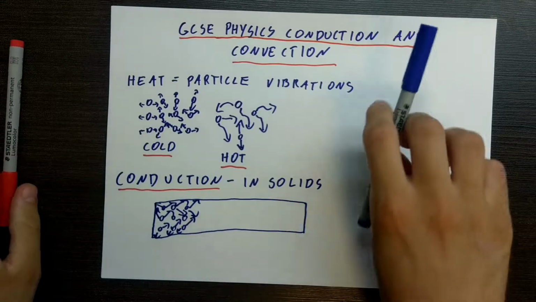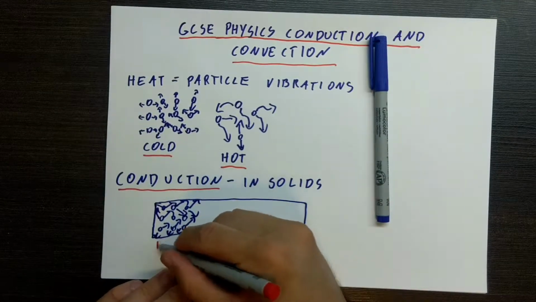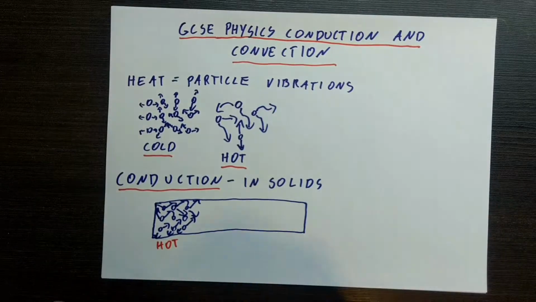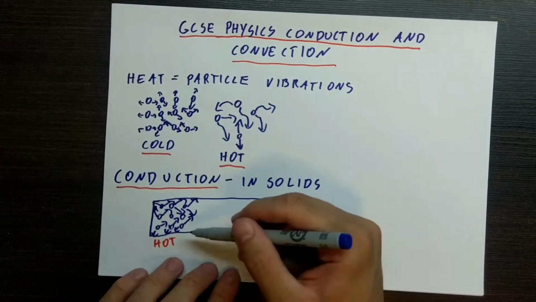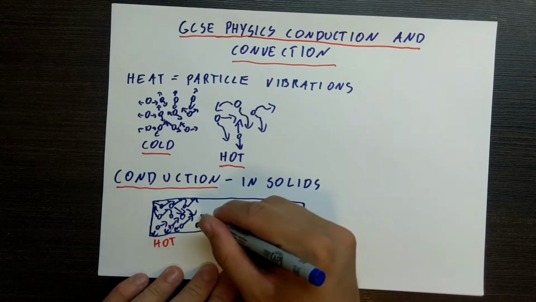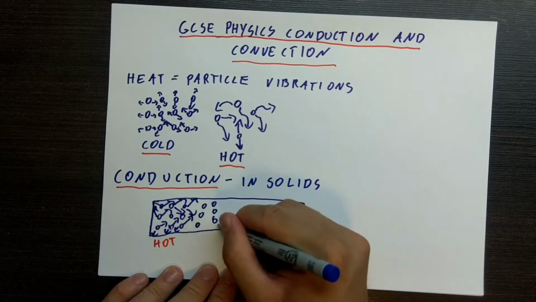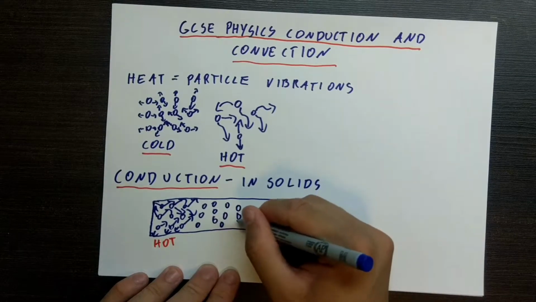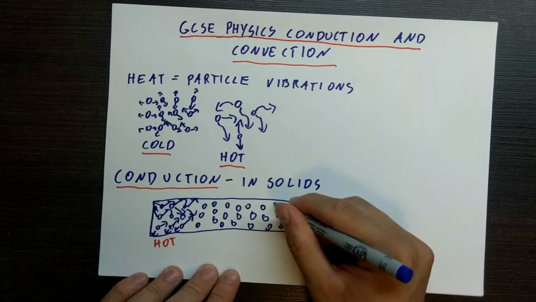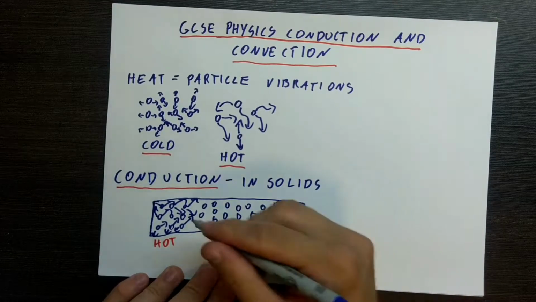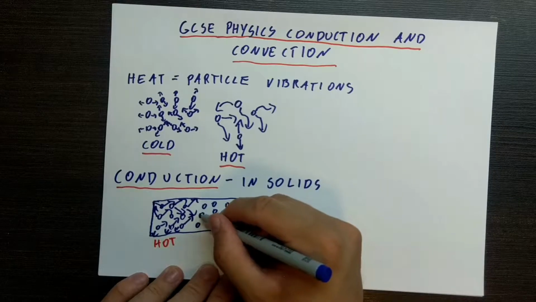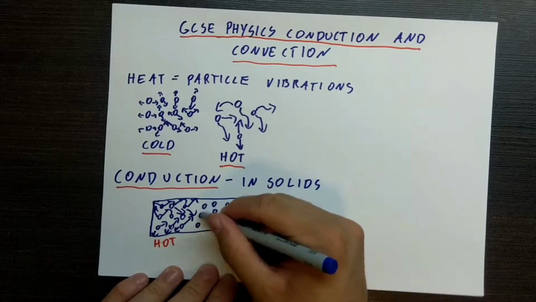So this end of an object is hot because these particles are vibrating a lot. Now, when these particles move around a lot, they bump into, or collide with, these particles.